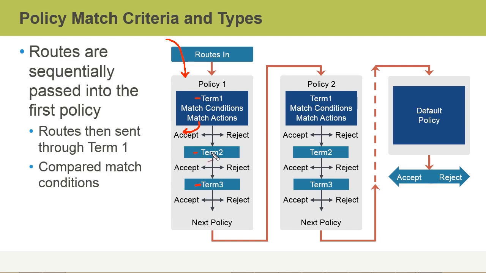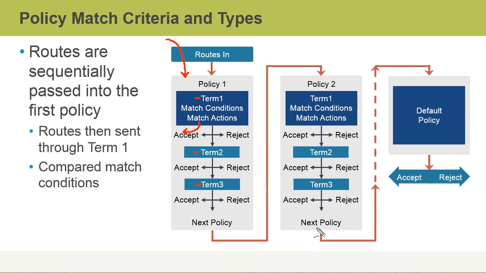So maybe it checks for a different protocol, or maybe it checks for something totally different. Maybe it checks for metric values. So again, let's assume that the condition is not matched. Then the routing information passes through term 3. Eventually, when it hits the end of the line, it'll go over to the next policy, and then we'll have our terms tested in that next policy against the information.